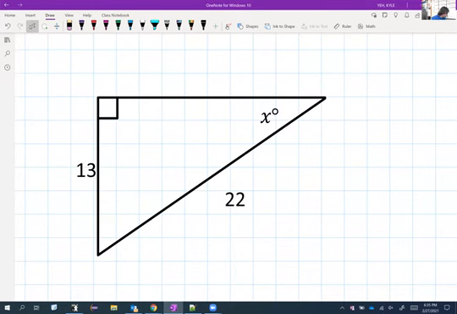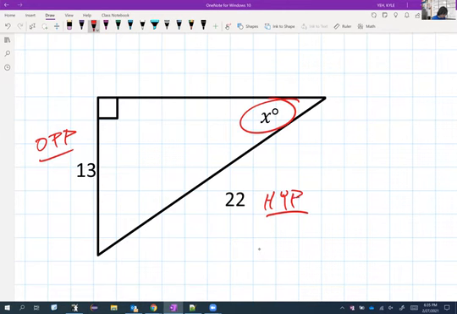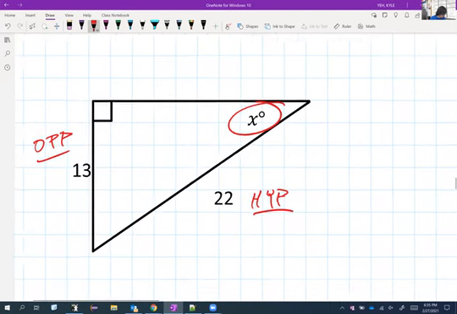I'm looking for x. I'm trying to figure out how many degrees this is. Well, I know that this is my opposite side, opposite my angle, and this is the hypotenuse. So let's start the exact same way we started the previous three problems when we were looking for side lengths.